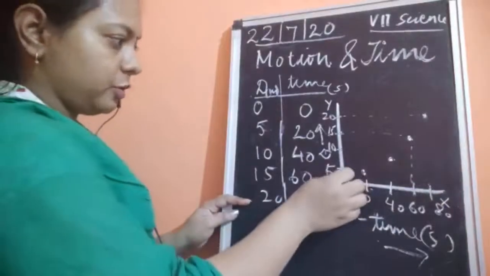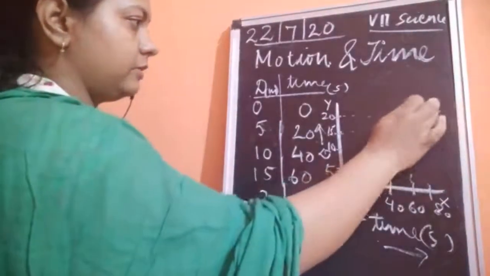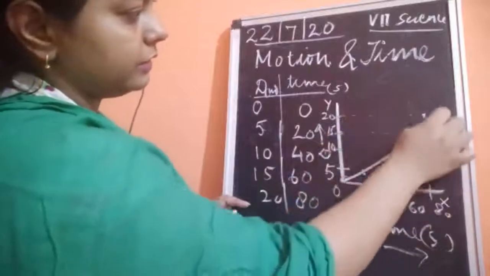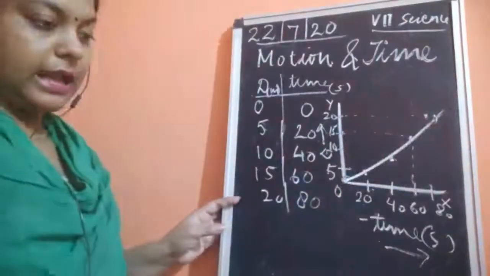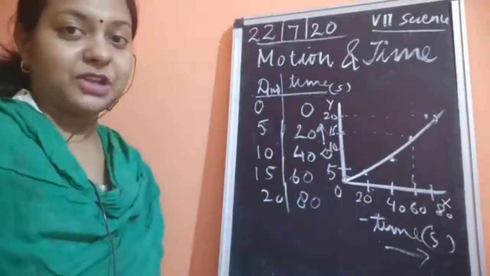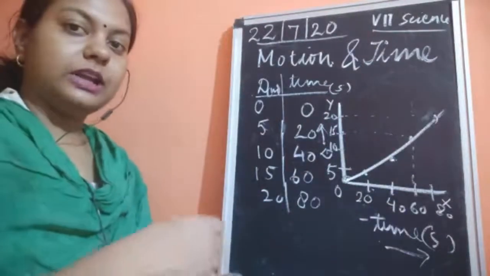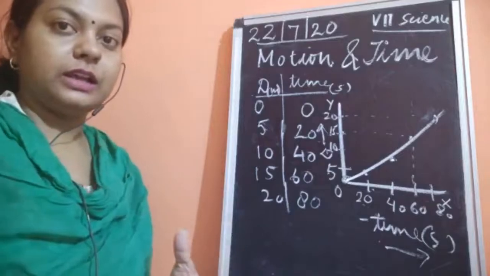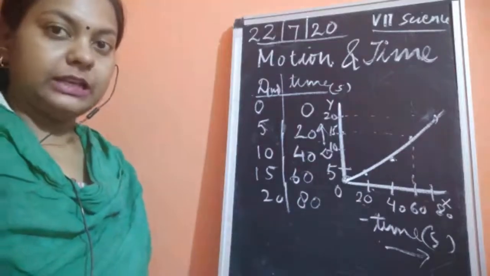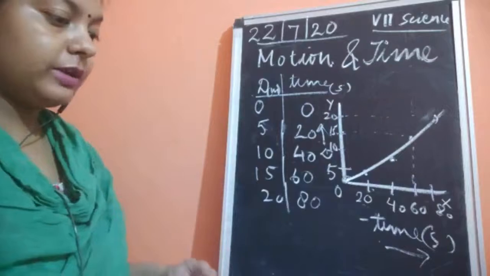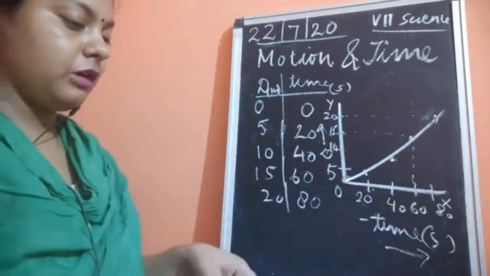Now we will join all these points and we get a straight line. Please use the scale and a sharp pencil to draw the graph. Draw it neat and clean, so that you can all understand how to plot this graph.